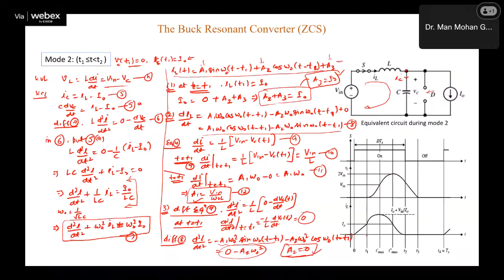Okay, so what we got here now, this equation becomes: the value of A1 is this, and the value of A3 is this. And the value of A2 we just found is 0.